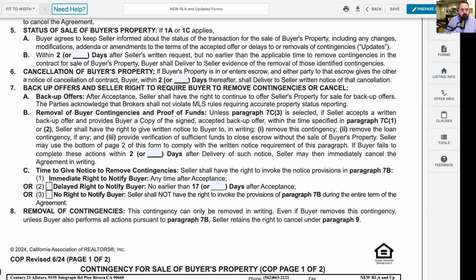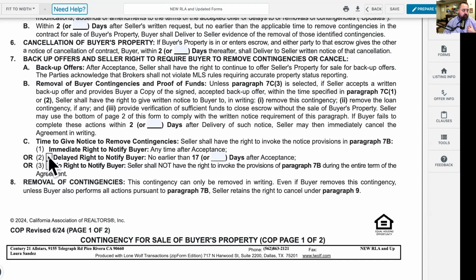And they go, what do you mean? So again, this is what I'm talking about. Terms change, when a buyer can cancel, when a seller can cancel, how a seller can cancel, dependent on how we fill this out. Okay. So again, like I said, if I'm a buyer's agent and I'm writing my offer, then I want to check off C2. If I'm a listing agent, I prefer C1. That's it. End of story.